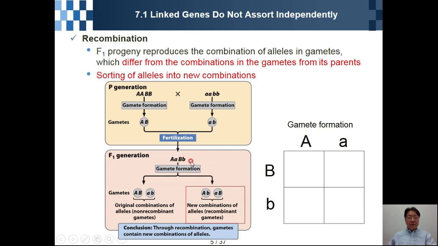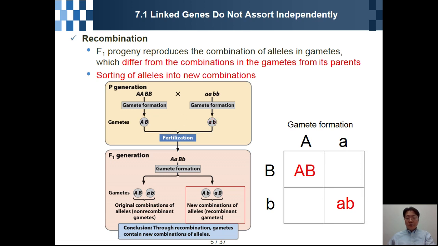When the F1 make their gametes, the alleles sort independently. One gamete will have large A, large B, and another small a, small b. This genotype we can see in the parent generation. These two gametes are the original combination of alleles, non-recombinant gametes, because we can see them in the parent generation.